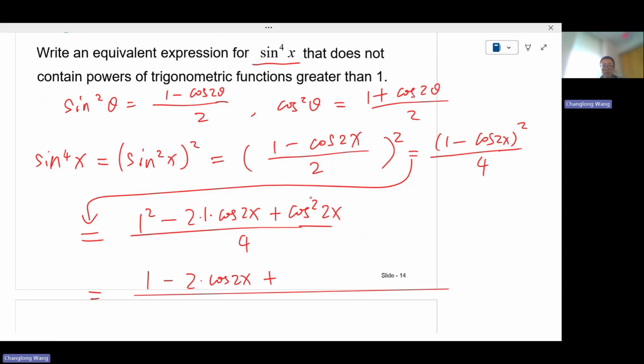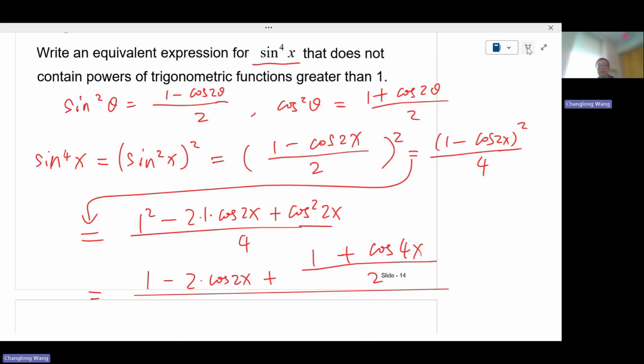Now for the square of the cosine. So notice that if you reduce the power, you double the angle. If the angle has already been doubled, it's 2x. When you double it again, it becomes 4x. So that means it becomes, there's a 2 on the bottom, and it's 1 plus cosine of 4x.